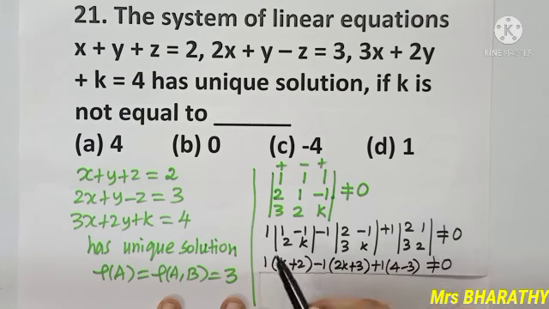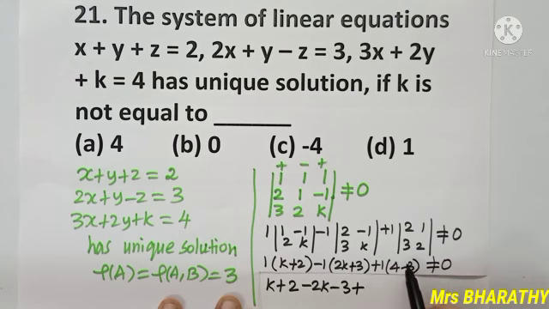As we expand, 1 into k plus 2, minus 1 into 2k plus 3, plus 1 into 4 minus 3, which is not equal to 0. As we simplify, it is 1 into k plus 1 into 2, minus 1 into 2k, minus 1 into 3, plus 4 minus 3, which is 1.